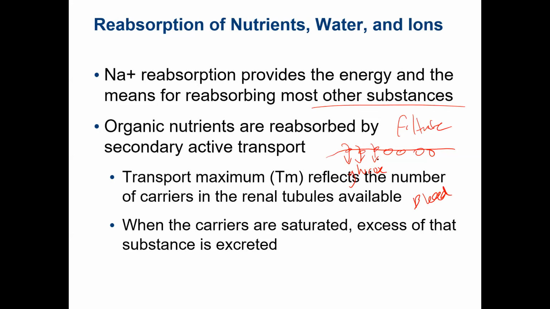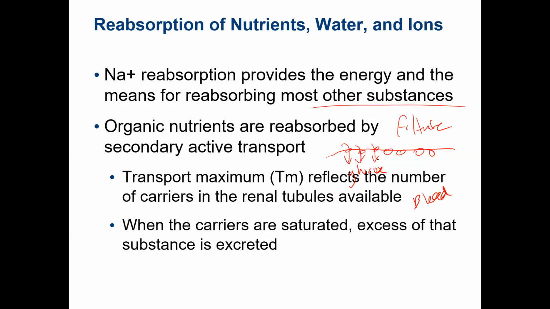What that means is that if you put more glucose there than you have transport carriers, then we exceed what's called the transport maximum. The transport maximum is the most of any substance you can reabsorb based on the number of those transport proteins.